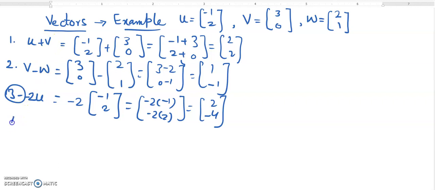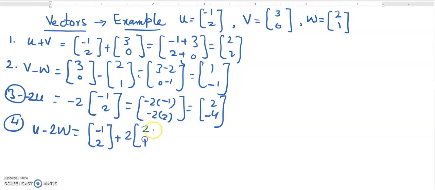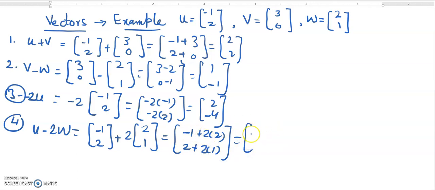And then if you want to calculate u plus 2w, u is (-1, 2) plus 2 times w, which is (2, 1). So it will be -1 plus 2 times 2, and 2 plus 2 times 1. So it will be 4 minus 1 is 3, and 2 plus 2 is 4. So (3, 4) will be the answer.